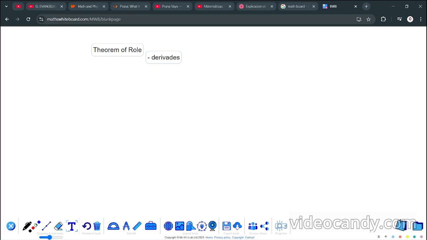Let me see if I can find a cursor pointer here. No, I don't get it. So as I don't get the pointer here, let's go back and try it from scratch. I'm gonna put here theorem of Rolle.